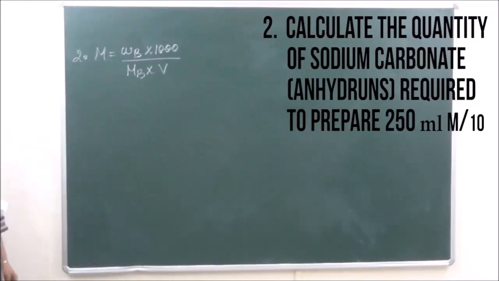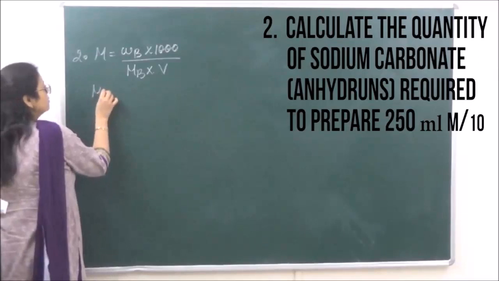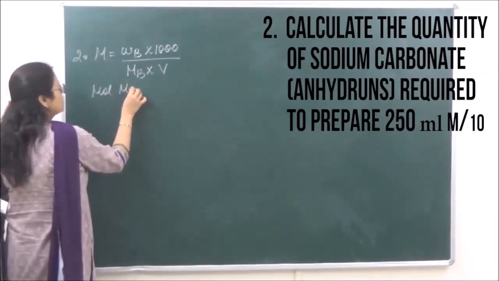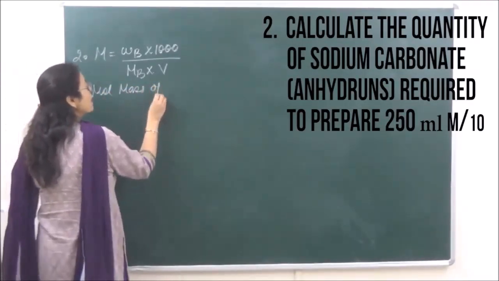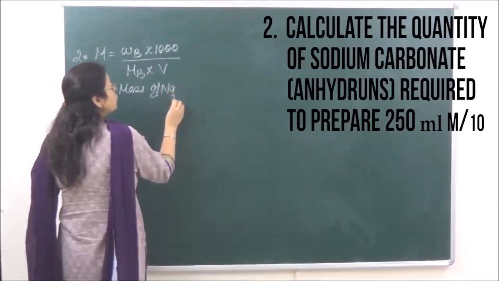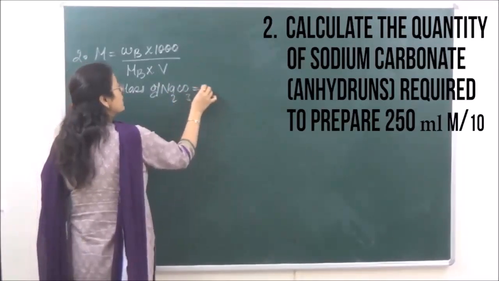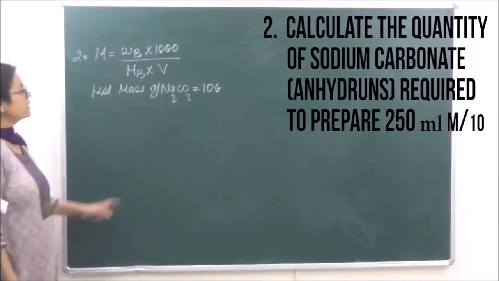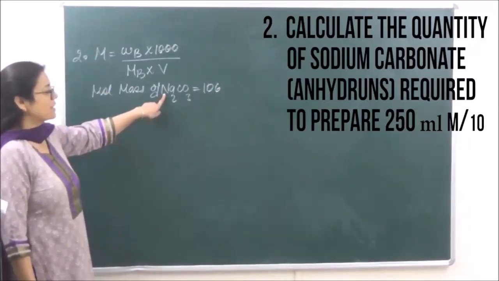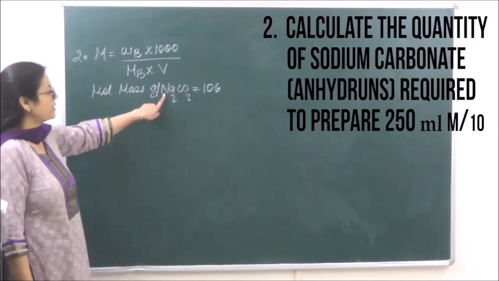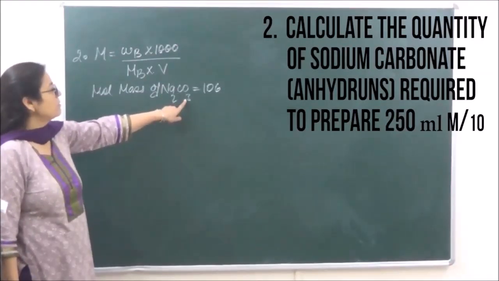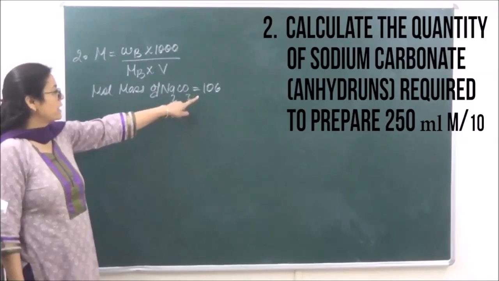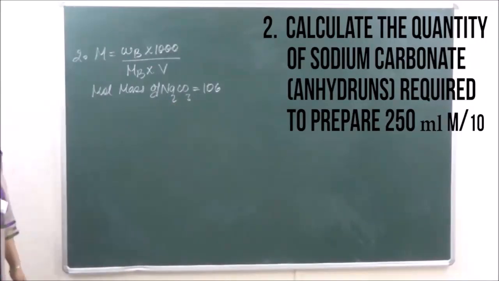This is the formula. Now molecular mass of Na2CO3 when calculated comes to 106. How do you calculate the molar mass? 2 into atomic mass of sodium, 2 into 23 plus 12 plus 48. So that comes to 106.